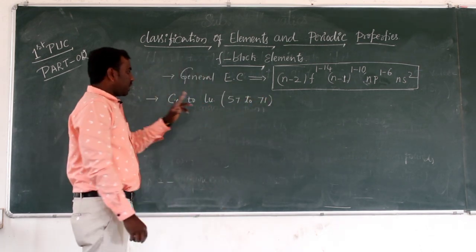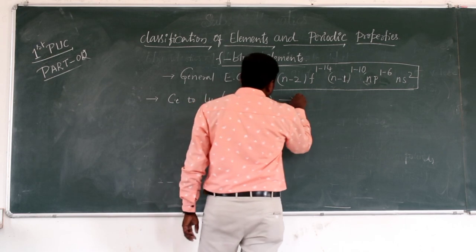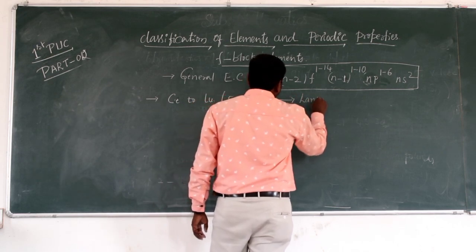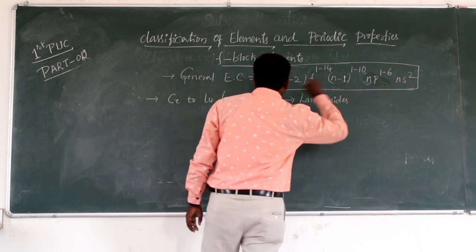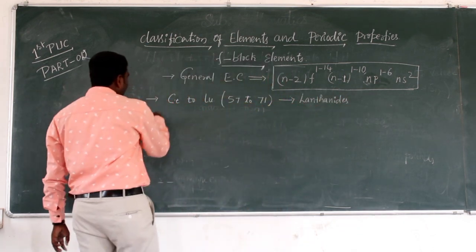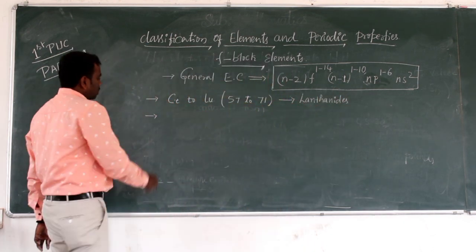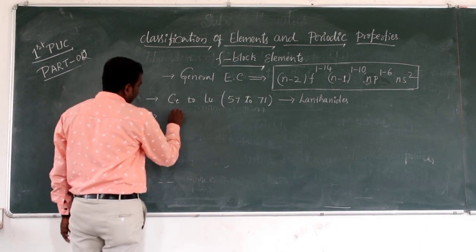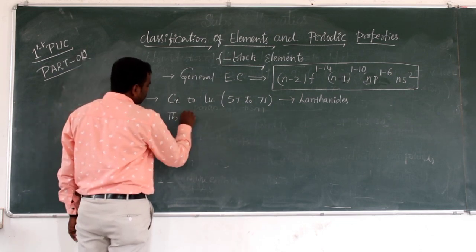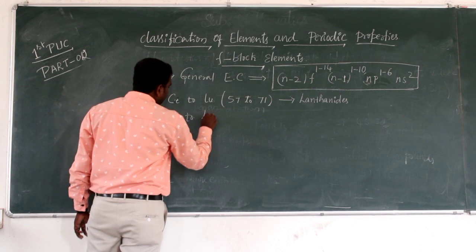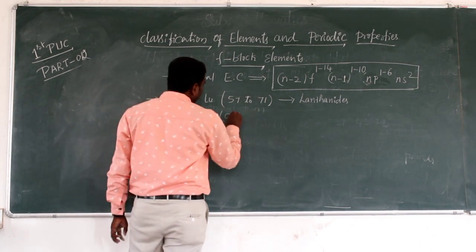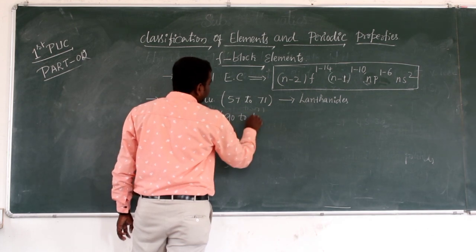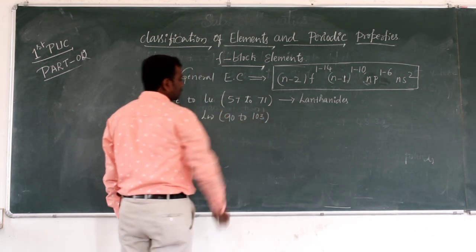These are called lanthanides. And the other is from thorium to lawrencium, atomic number 90 to 103.